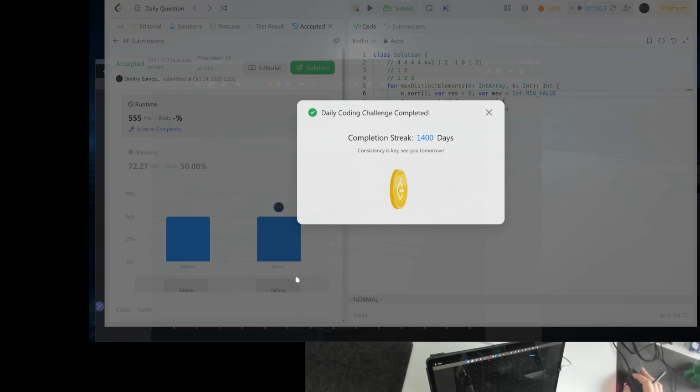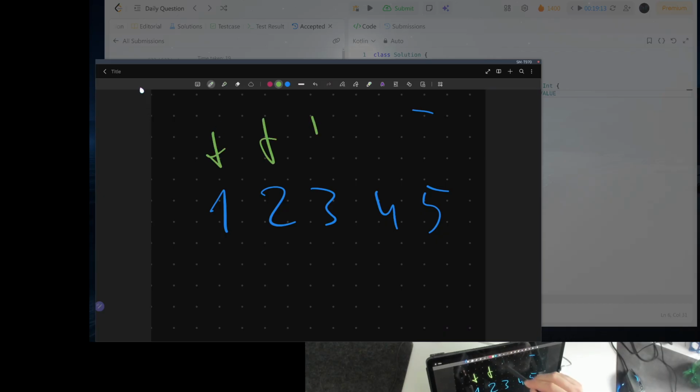So this problem is about finding distinct elements. So we have an array of numbers, and we are allowed to make a single operation on any of these numbers.